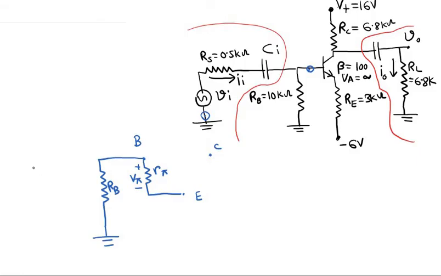So this resistance Rs, which is equal to 0.5 kilo ohms, is present. Rb was equal to 10 kilo ohms and R pi was equal to 1.53 kilo ohms. And then there is this input signal source Vi.